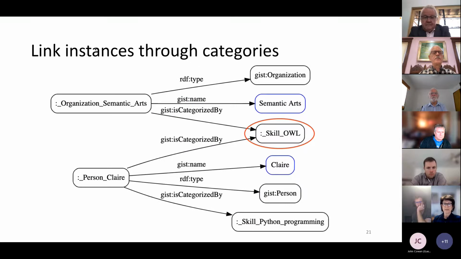And then you can link instances through categories. So for example, if we see that Semantic Arts and Claire are both categorized in some way by OWL, this indicates that there's some link between these two individuals that might be useful.